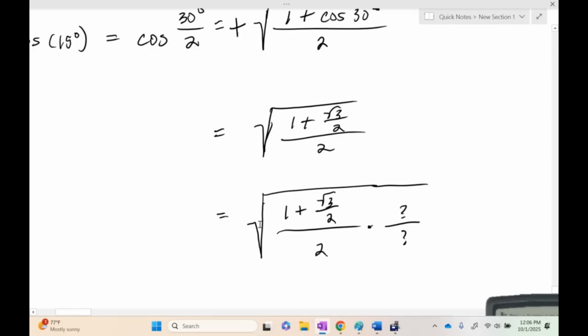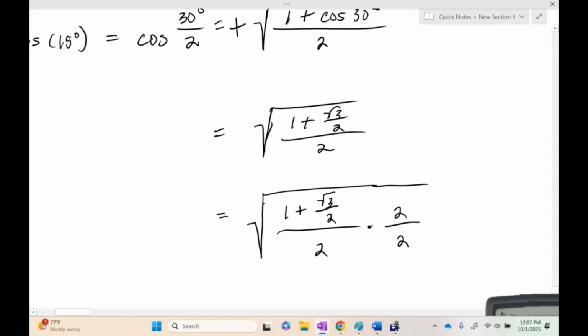Because remember, we had to find the least common denominator for all of our terms. So this 1 has a denominator of 1, and the 1s don't count as far as the least common denominator. But this square root of 3 had a denominator of 2. So I want to multiply the numerator and the denominator by 2.